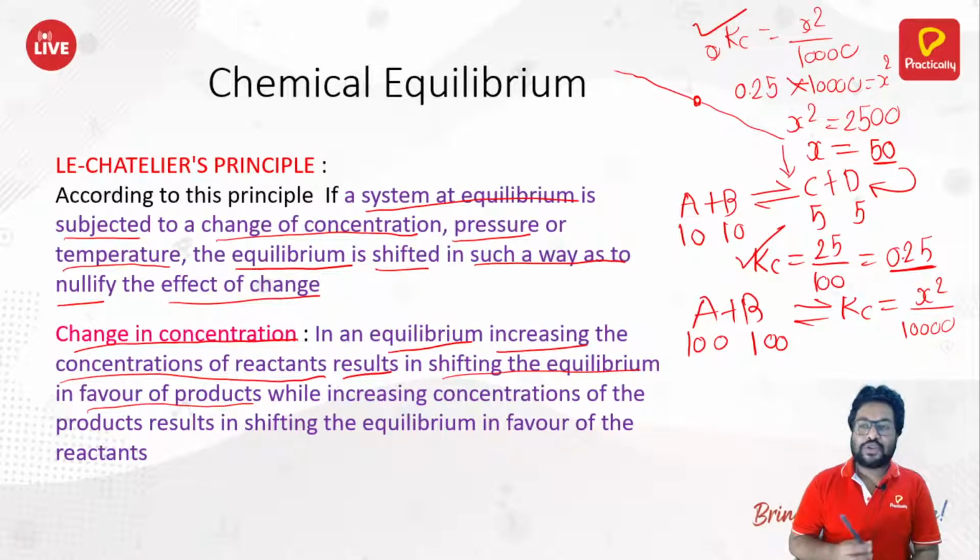Okay, so you will think that's all okay, as soon as product forms, we will remove it, every time we will remove it and product will keep on forming. No, that will not happen forever. You cannot fool the reacting system forever.